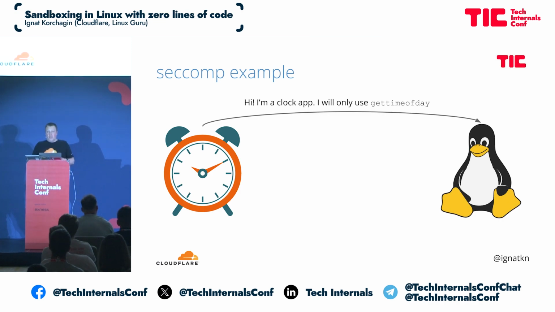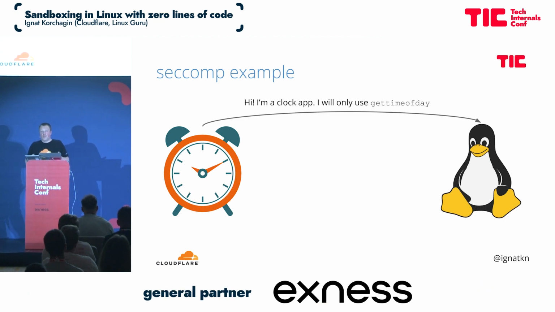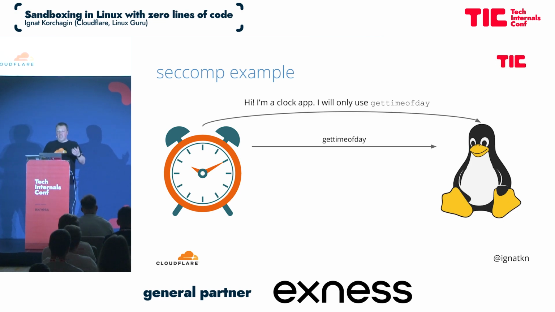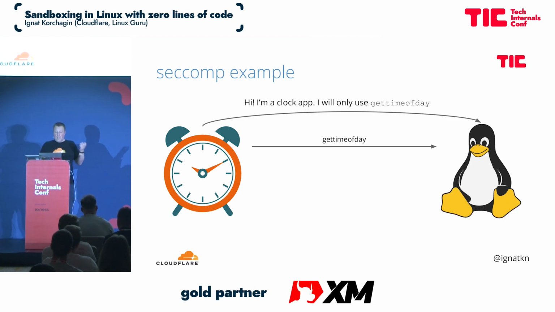So by using seccomp, the clock application can say, hey, kernel, I'm a clock application. I only need the time, so I will only use the gettimeofday system call. And then the application starts. It needs to know the time. It issues the gettimeofday system call, and the kernel will reply with the time.